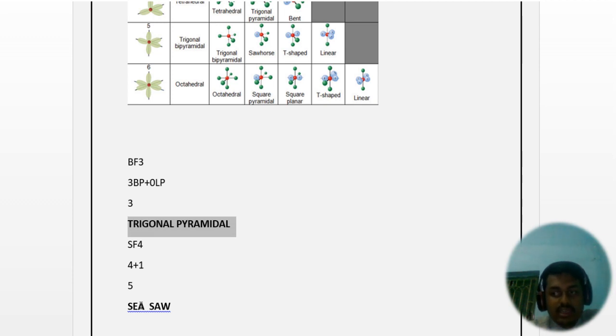Now 2 electrons are left, and in these 2 electrons one lone pair is formed. So 4 plus 1 is 5, the steric number is 5. If we go to the chart and see what structure is available for this steric number, we find that it is seesaw.